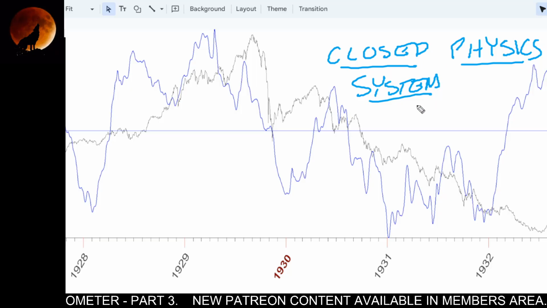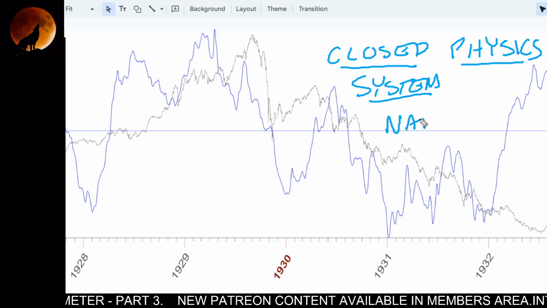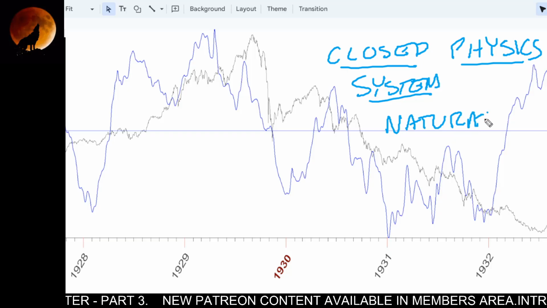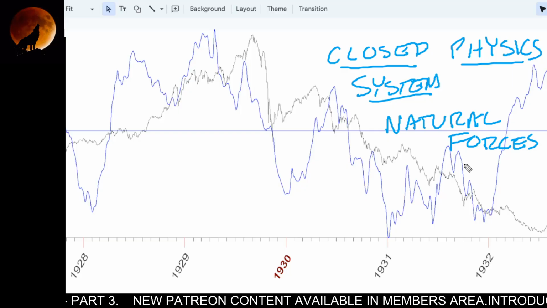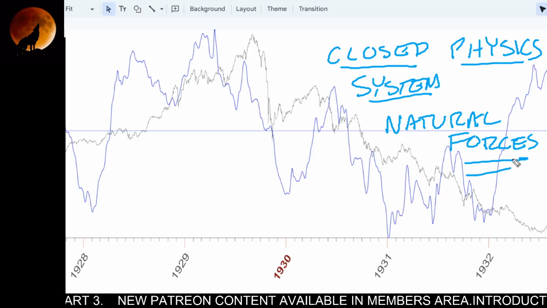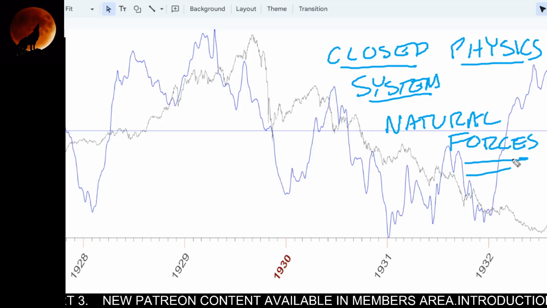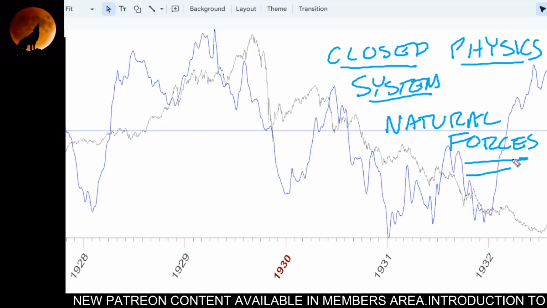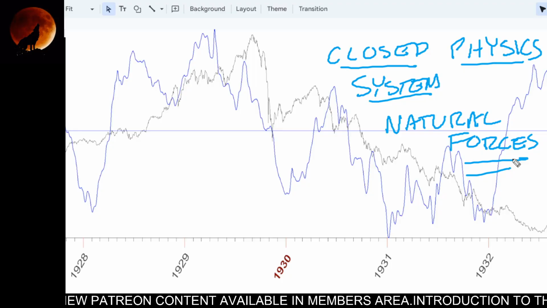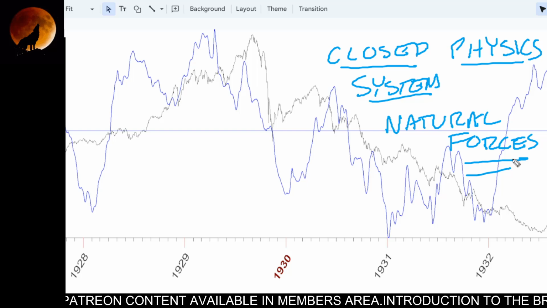And so this is what we refer to as the natural forces. And this is really the dominance, this is what the Bradley is. It's the natural forces of the market. Now we know that there are unnatural forces of the Fed. So again, it's really a game of understanding when those natural forces are strong and when the unnatural forces are strong. And we look at those and we compare them together.